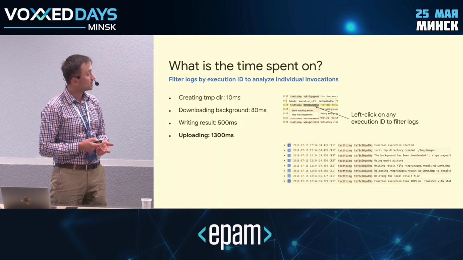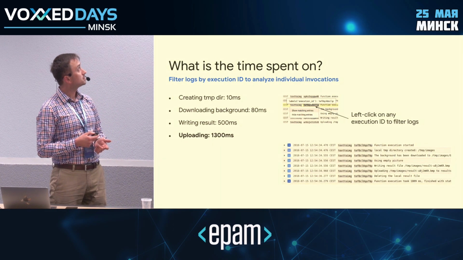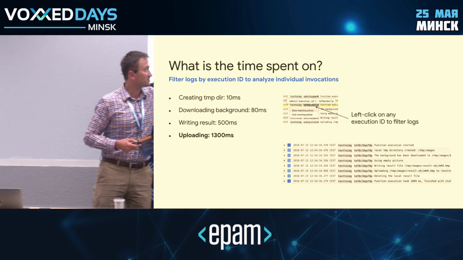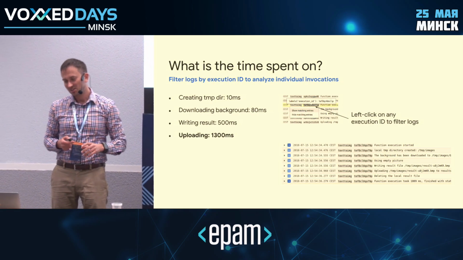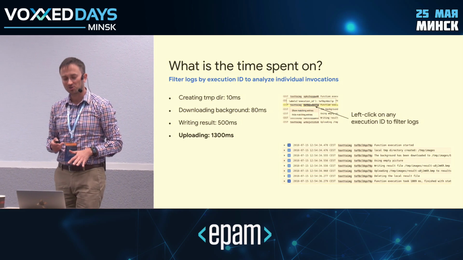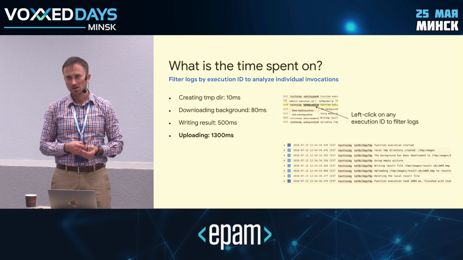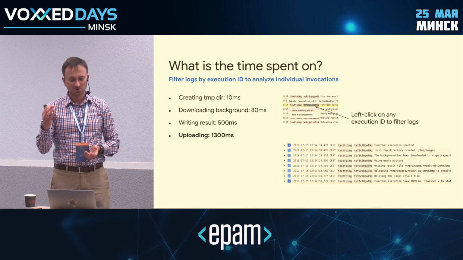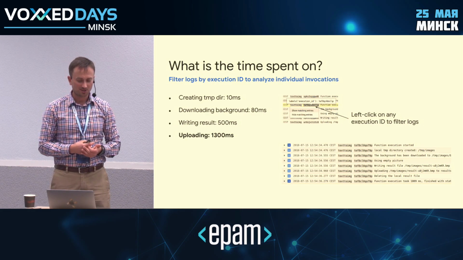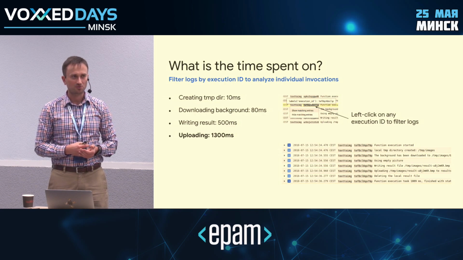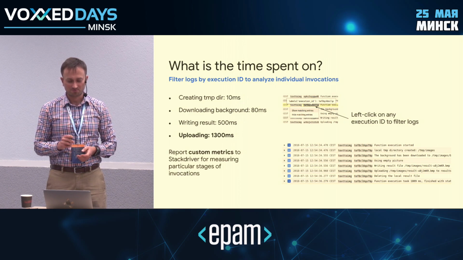After doing that, you can trust me that the majority of time is spent on uploading the picture, which is quite surprising. Even more surprising, downloading the background is only 80 milliseconds, and uploading the result is over a second. So that's really strange, and this was much simpler to debug.